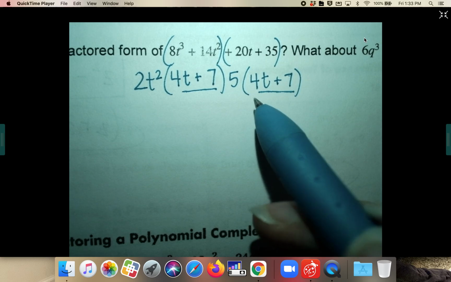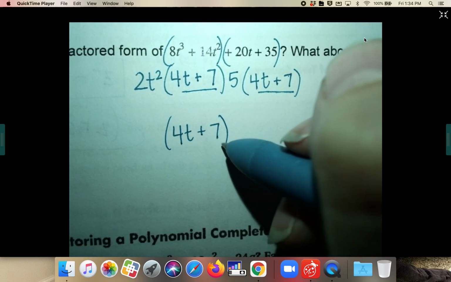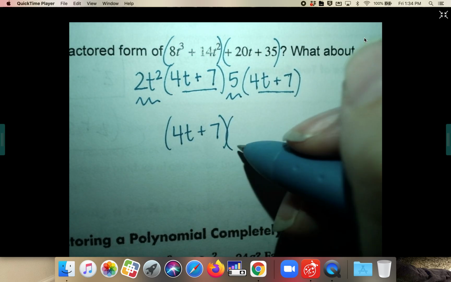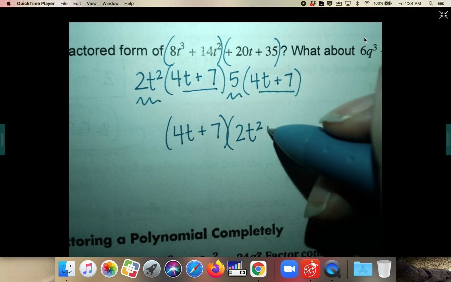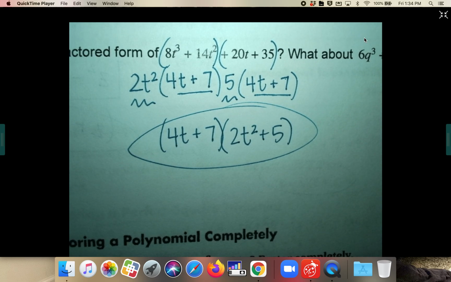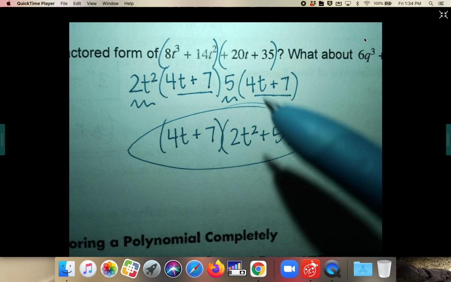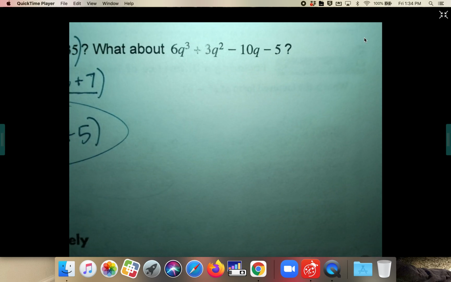And it is, but you only have to come down here in your answer and write it once, and then you write what's on the outsides, the greatest common factors you pulled out, in its own set of parentheses. That's a positive 5, so plus 5. And that is your answer. Okay, again, you can totally check it by boxing or FOILing or whatever you like, and your answer will be back to our original polynomial.